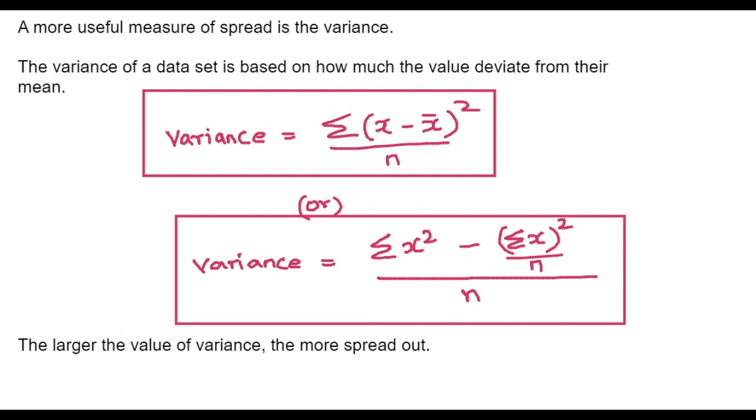So we are moving to the next measure of variation, that is the variance. The variance of the dataset is based on how much the values deviate from their mean. These are the two formulas. So let us see.